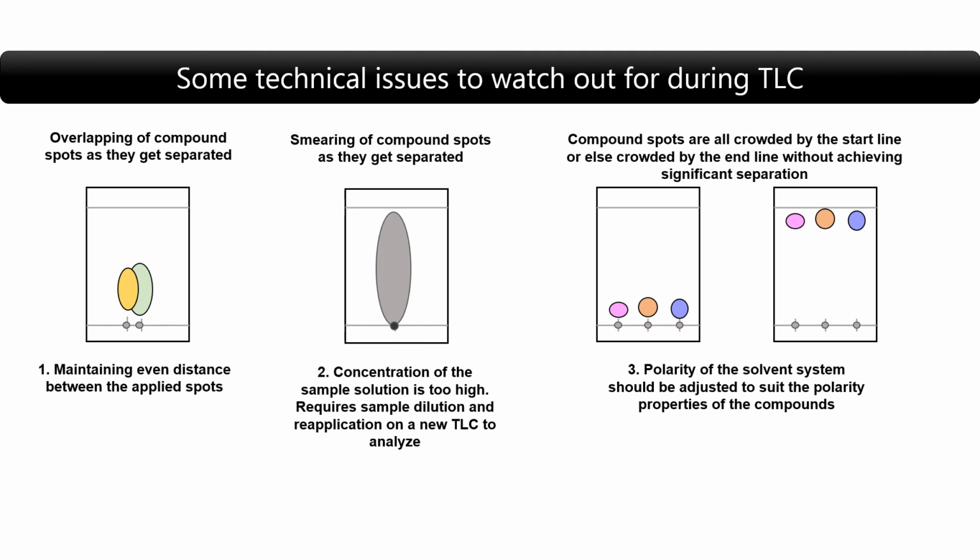And the reason would be, let me switch back to the pen. In this example plate, the reason would be all three compounds are polar. That makes sense because they were interacting strongly with the polar TLC plate rather than the solvent system, so they did not move far.